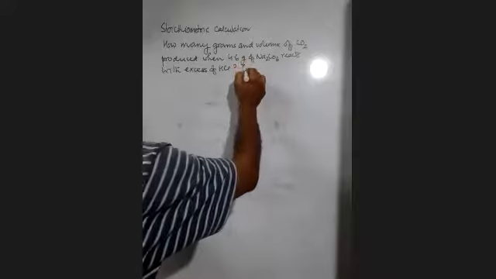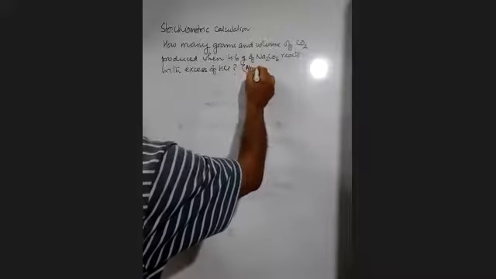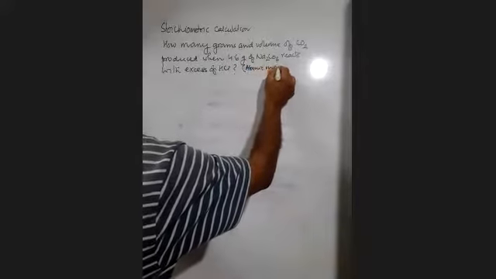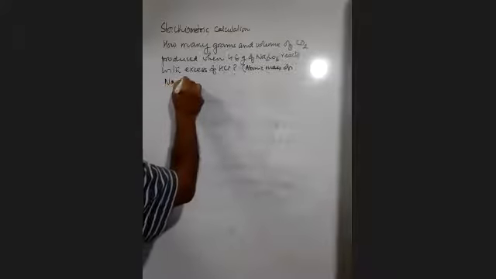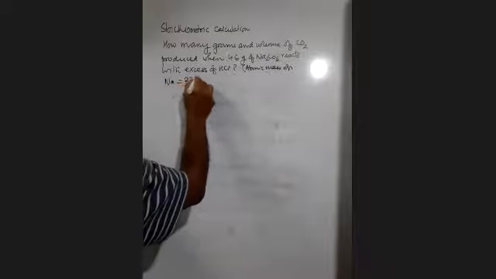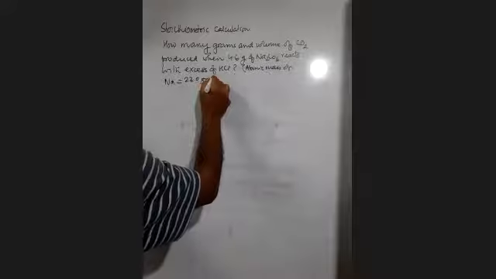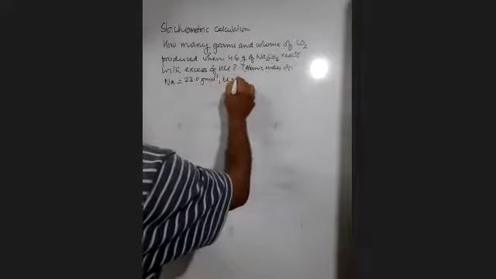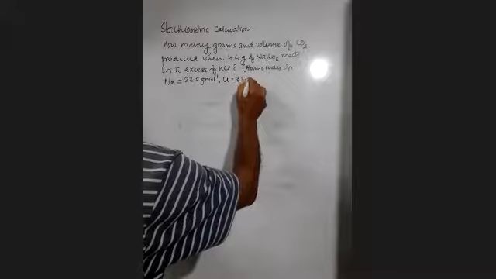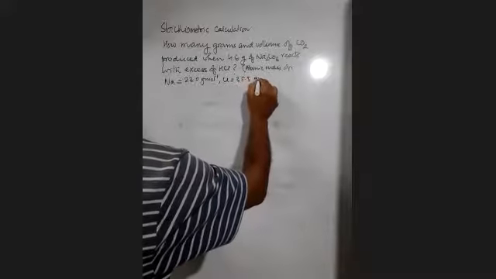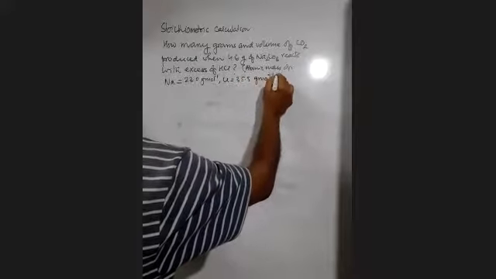This is not difficult. Atomic mass of sodium is 23.0 gram mole inverse. Chlorine is 35.5 gram mole inverse.